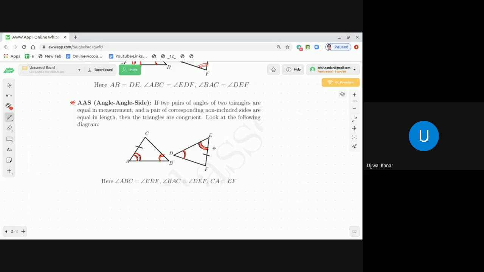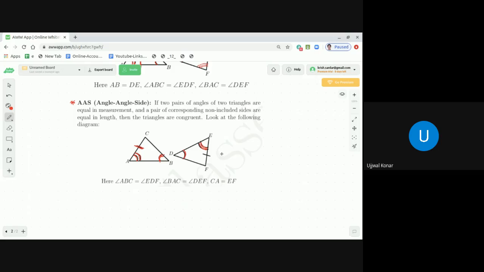If you look into the triangle ABC, the two angles we are considering are angle ABC and angle BAC. Now, the side AC is a side which is not included between these two angles.